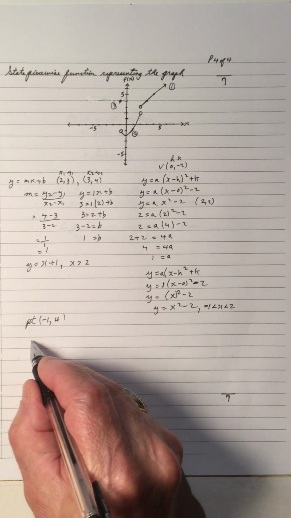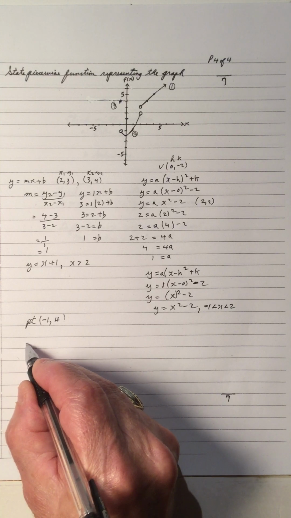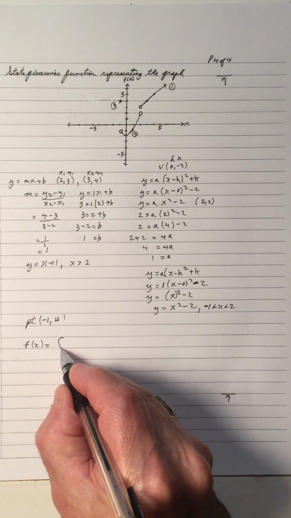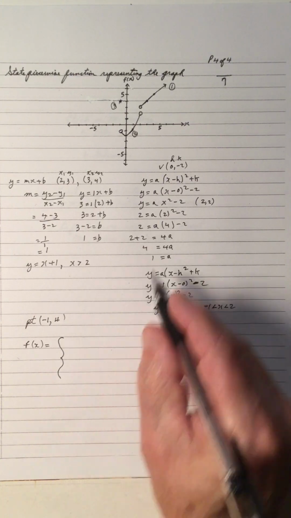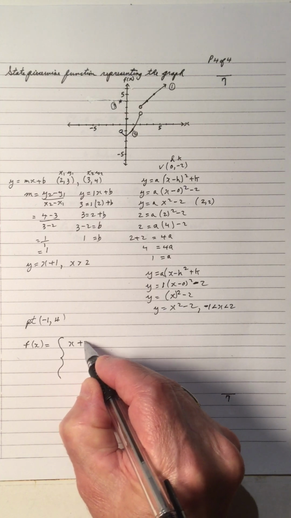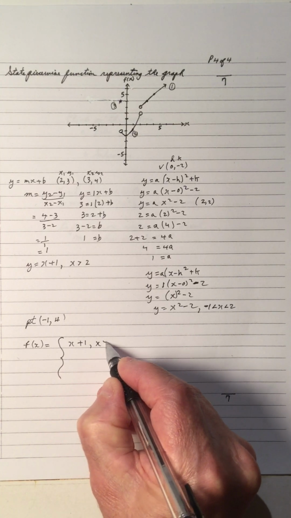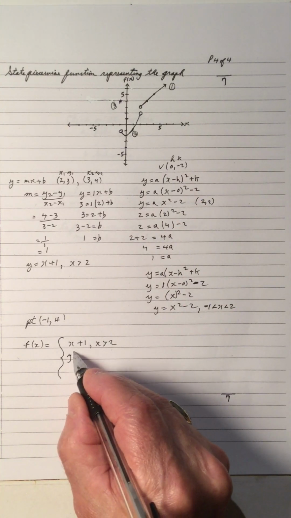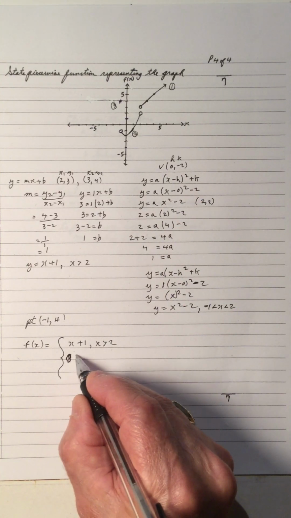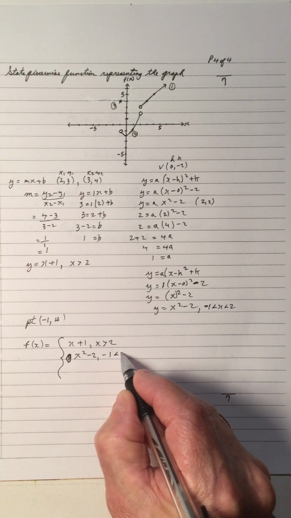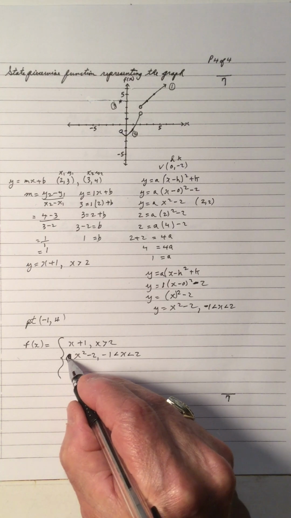So let's write down the piecewise function. We can say f of x. Here we go. We have the first one, which is x plus 1, for x greater than 2. The second one is x squared minus 2, for negative 1 less than x less than 2.